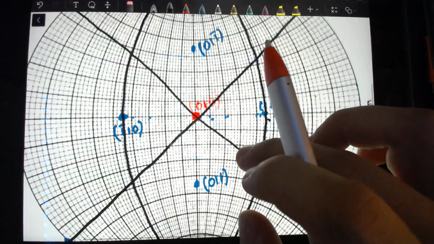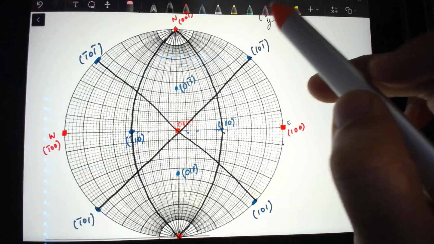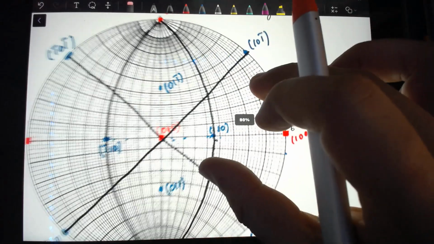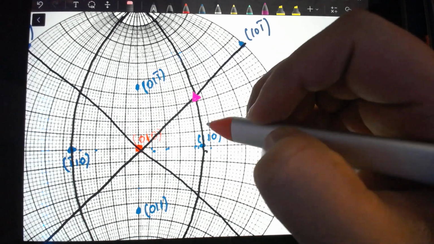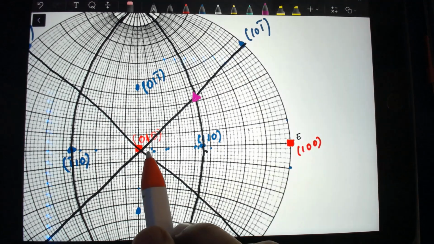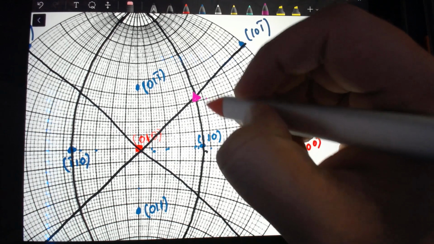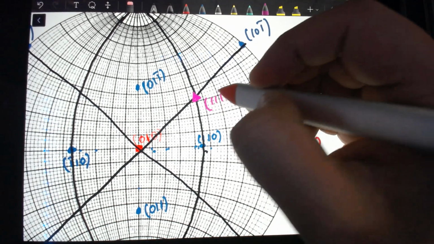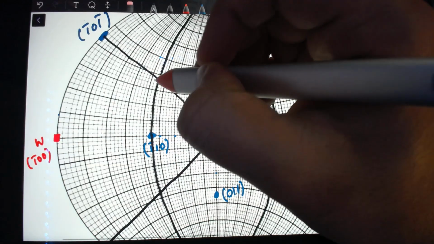All right. So now, as I said, we can find the intersections of this with the diagonal lines and mark those as our 1, 1, 1 family of poles. So this is 0, 1, 0 vector sum with the 1, 0, bar 1. This will give us 1, 1, bar 1. And I'm using the triangular notation to denote the threefold symmetry.